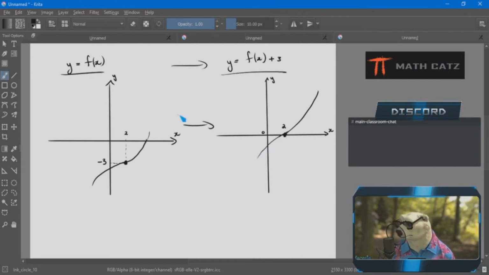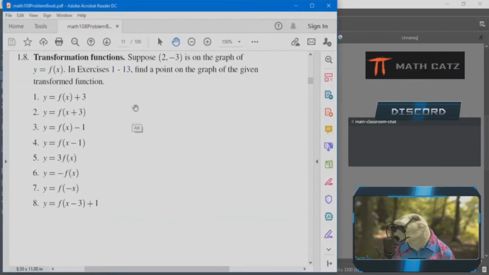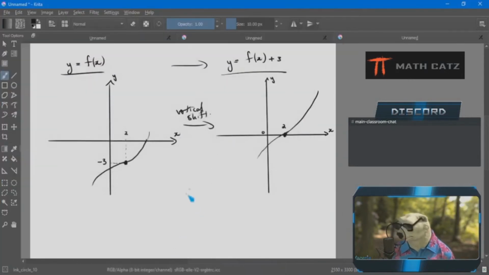Everything shifts up. It's a vertical shift up because I added 3. Now let me just check. Find a point on the graph of the given transformed function. So my new point is then obviously 2, 0 because everything shifted up.